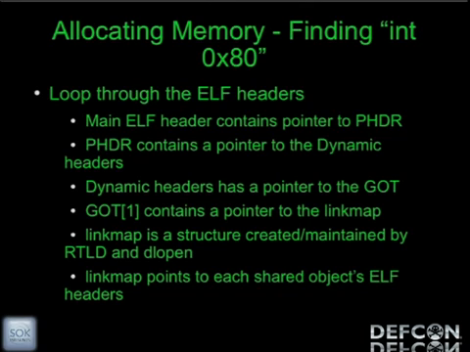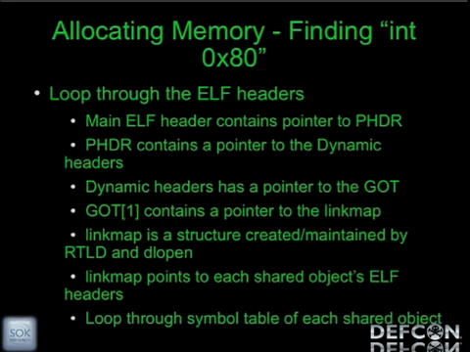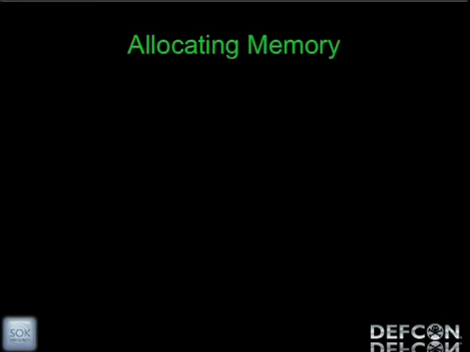The link map points to each shared object's ELF headers. So every single shared object, every single object file, your program, its dependencies have ELF headers, and the ELF headers contain a symbol table, and a symbol table is basically all the functions, all the global variables, all that kind of stuff that gets loaded in memory.